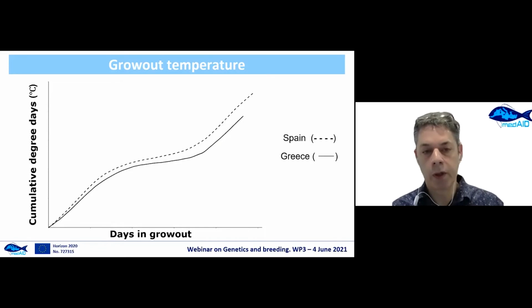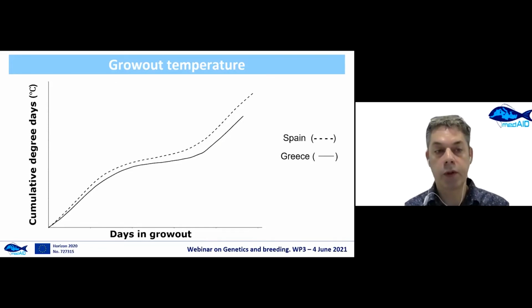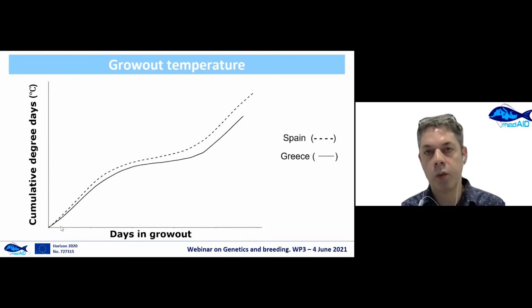We aimed to put in a contrast for the water temperature, and so that is shown here. If we look at the two grow-out locations, on the x-axis is the days in grow-out, and on the y-axis we have the cumulative temperature.